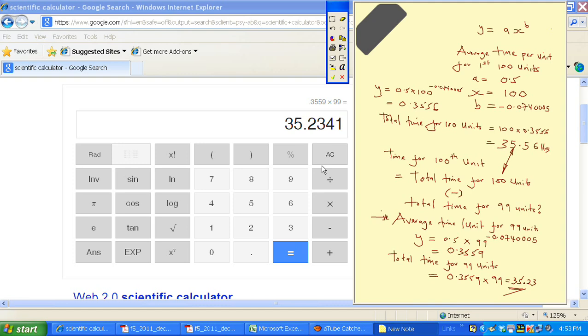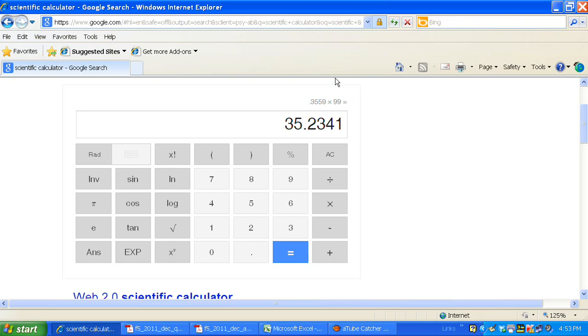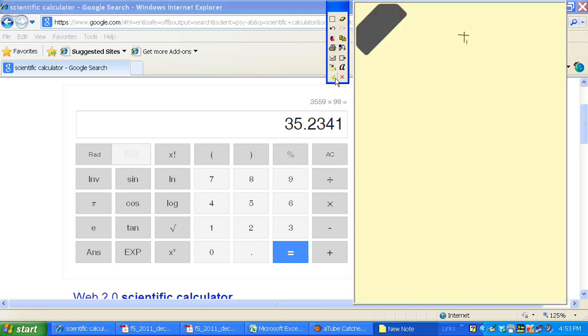Please, you can pause the video and try and recompute those figures. So that means that the time for the 100th unit is going to be the difference.